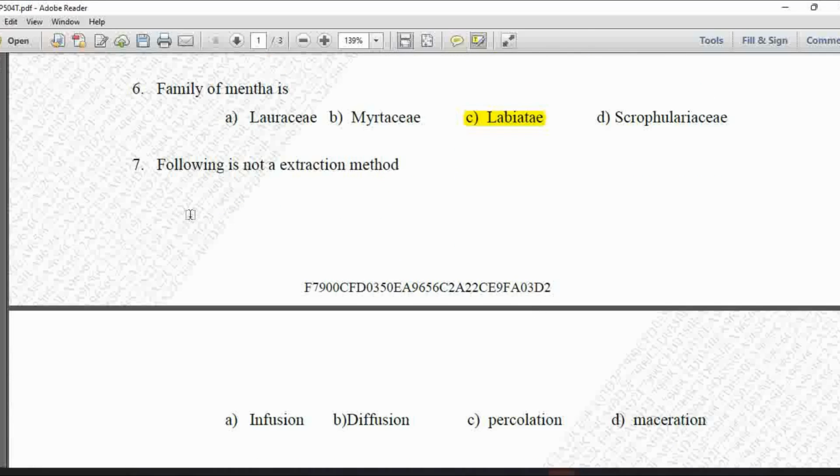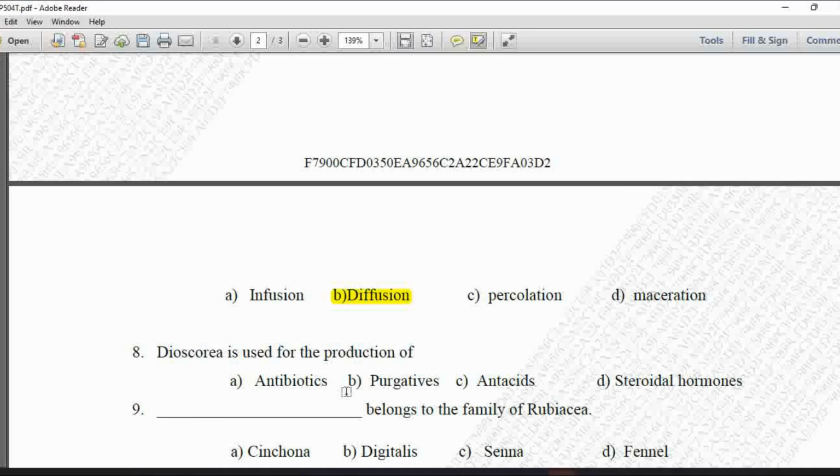Next MCQ, following is not an extraction method. Option is A infusion, B diffusion, C percolation, and D is maceration. So the methods used for extraction are infusion, percolation, and maceration. These are called extraction methods, whereas diffusion is not an extraction method. So option B is correct.